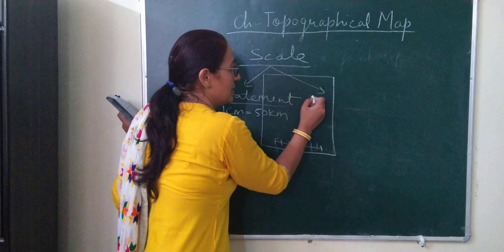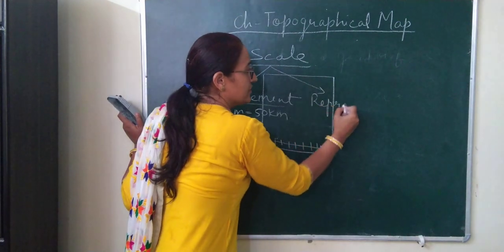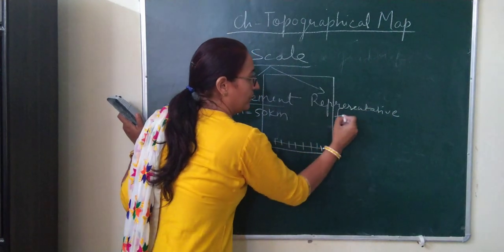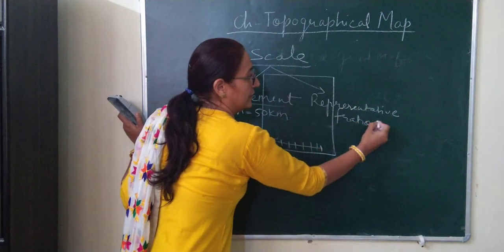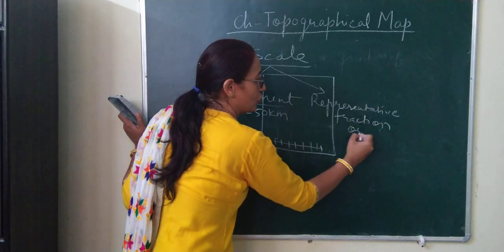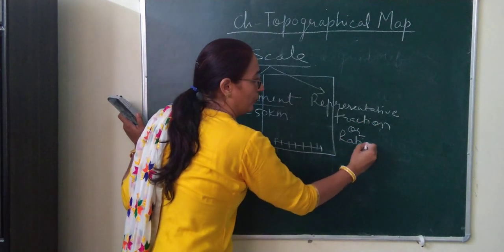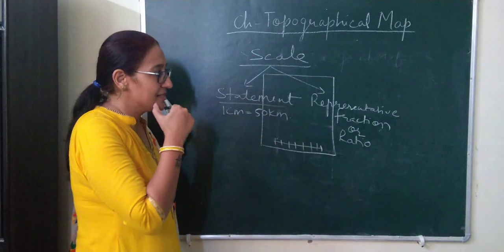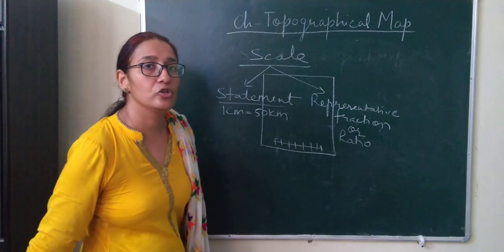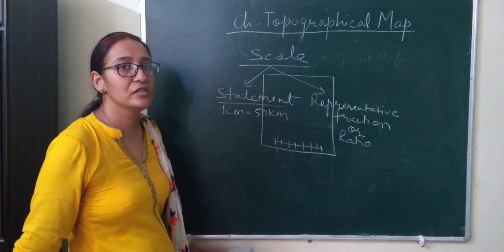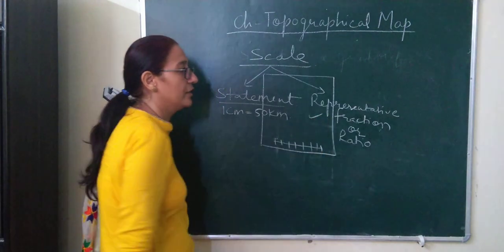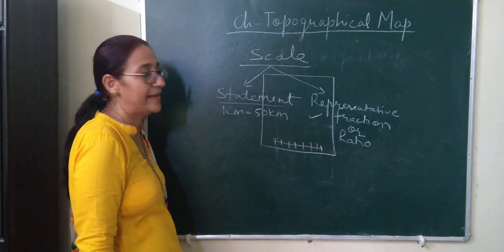Second type of scale is representative fraction. The other name of this scale, representative fraction, is ratio. The definition of representative fraction or ratio is the ratio between distance on map over distance on ground. So how do we represent representative fraction or ratio on scale?